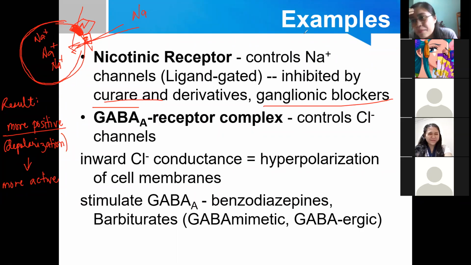Ang natanggal lang sa cigarette is ang tar. Kay di ba this one is the cigarette. Diri ang tobacco, diri ang filter. So sa tobacco na part ang nicotine. Sa filter na part ang tar ug ang benzopyrene.